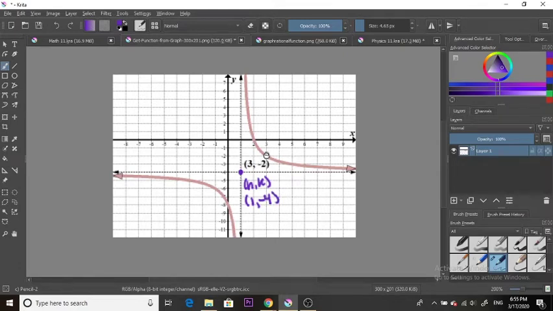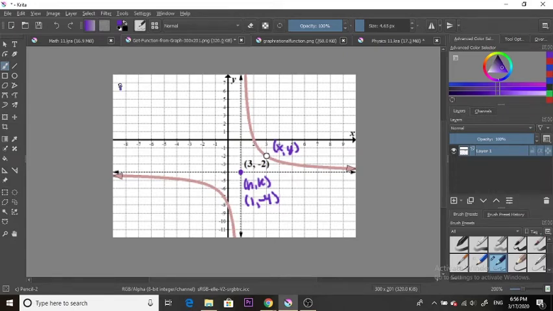This point here that has been given to us, that is your x and y that you will put into your formula. You can use any point along this curve or any point along that curve, but we have this one here ready for us to use, so we might as well use it. So this is step 1.